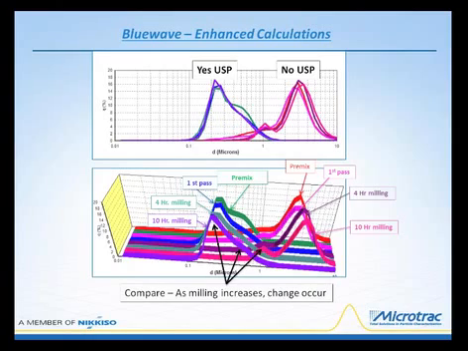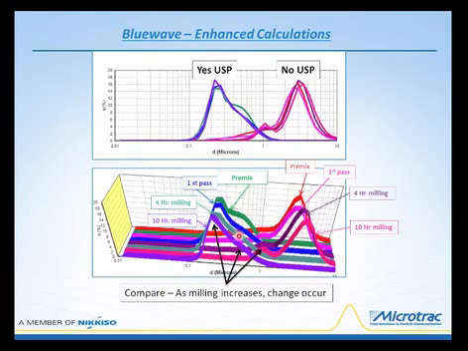But after we treat the sample with ultrasonic energy and get a full dispersion, we'll notice that the premix has a shoulder here, but as the milling continues, that shoulder tends to disappear, and then we're starting to see this peak develop up in this area here.